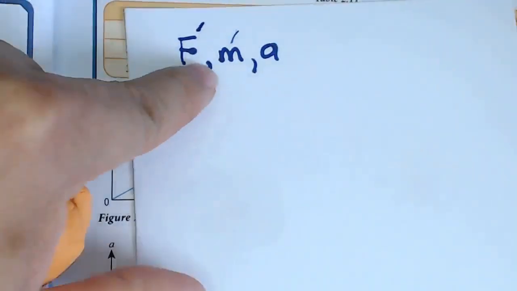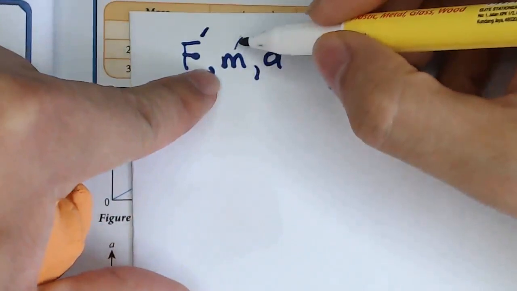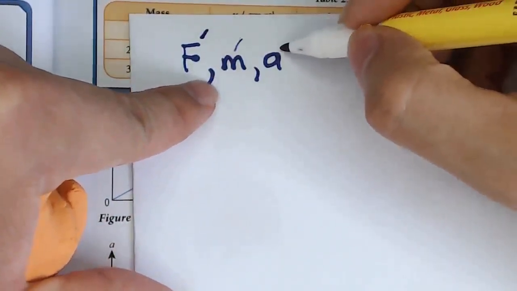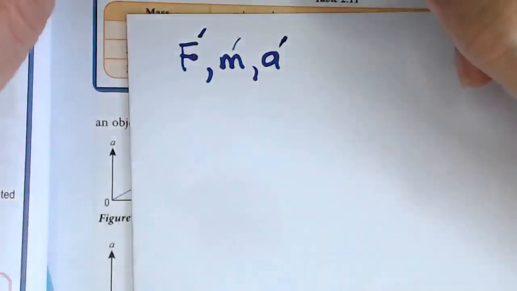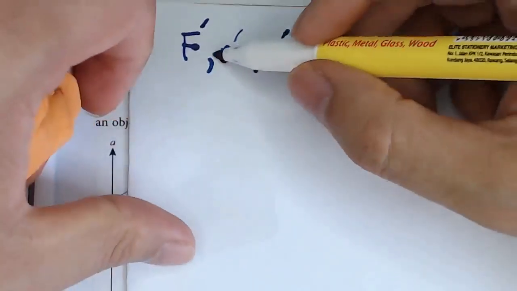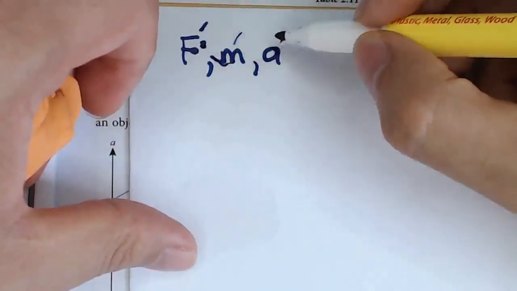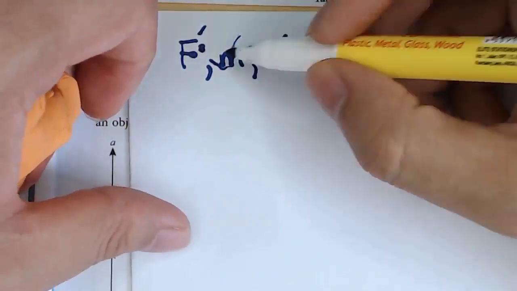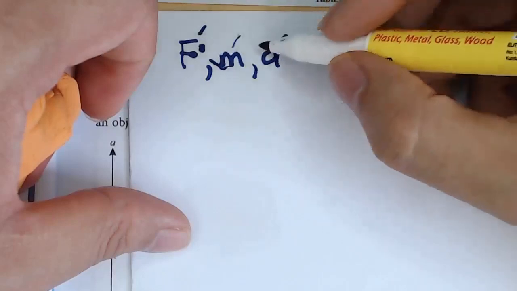So this is why mass here really has something to do with F. And A here is a consequence. A consequence if you throw. Throw means you put a force on the object.